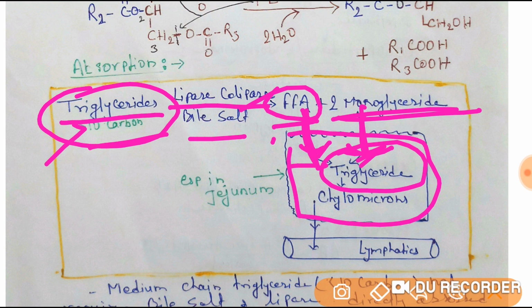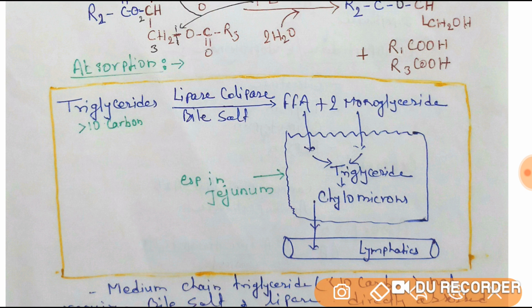This triglyceride gets converted to chylomicron, and this chylomicron is transported to the lymphatics.